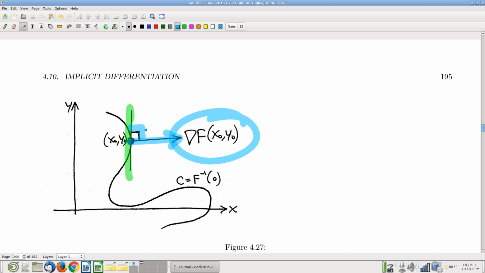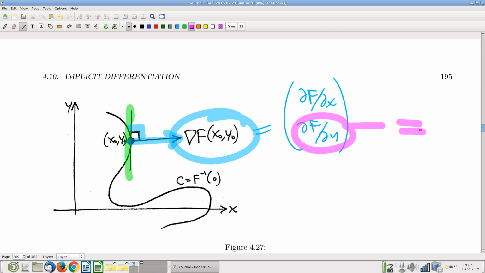So if a level set has a vertical tangent line, the gradient must be horizontal. Keep in mind that this gradient has an easy formula: partial of f with respect to x, partial of f with respect to y. So if this is horizontal, horizontal means no second component. That means that the second component is 0.